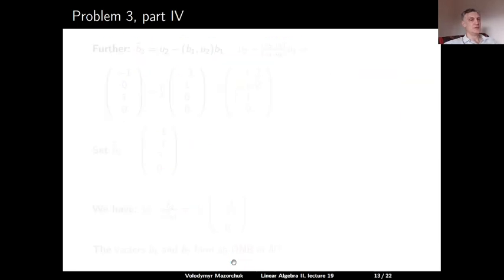To determine the second basis vector, we first compute an auxiliary vector b2 tilde, which is equal to u2 minus the scalar product between b1 and u2 times b1. Since b1 is u1 divided by the length, we can rewrite it as u2 minus u1 times the scalar product between u2 and u1 divided by the scalar product between u1 and u1.